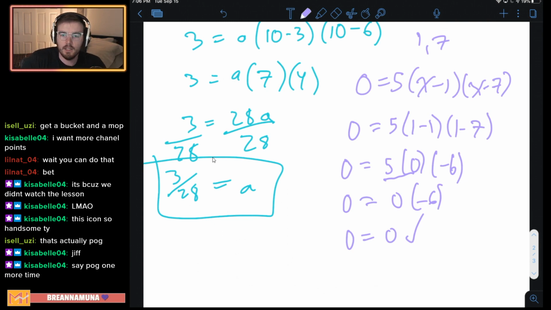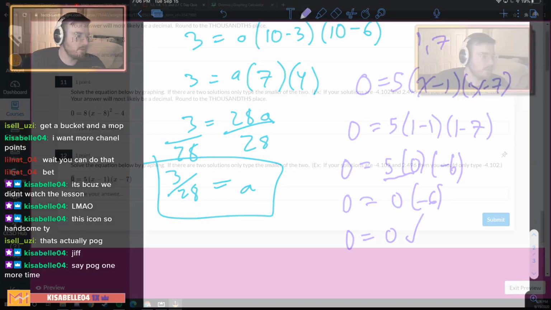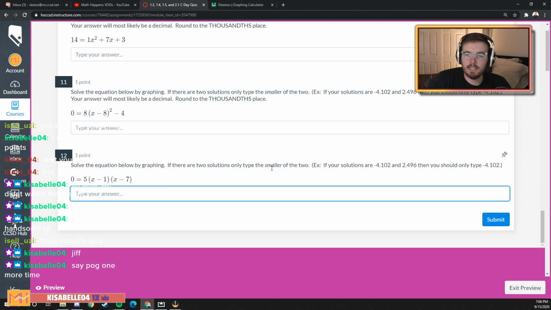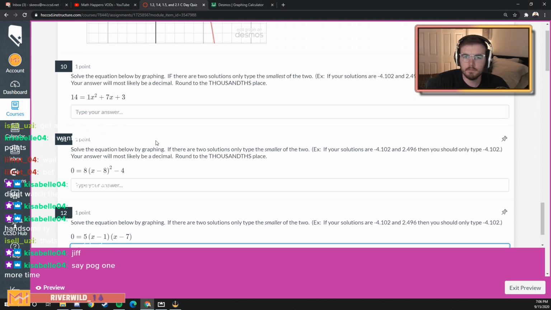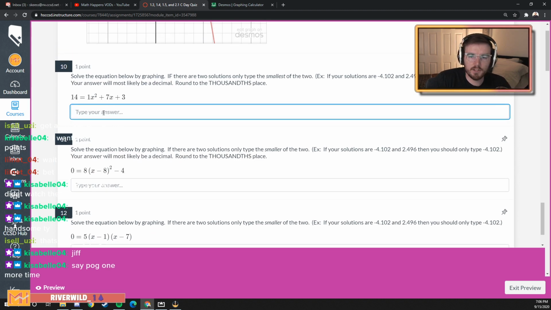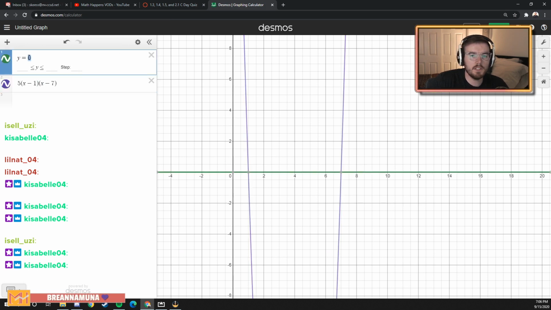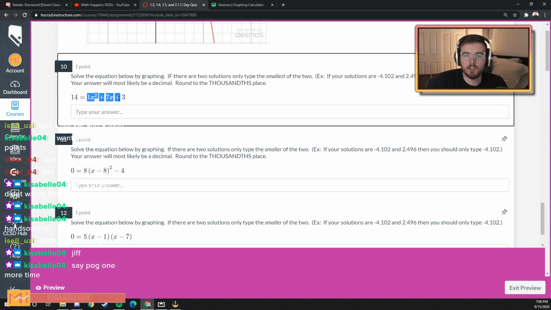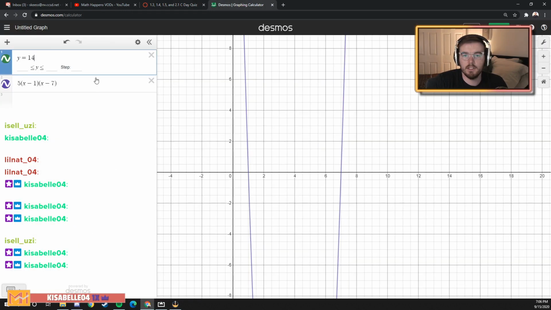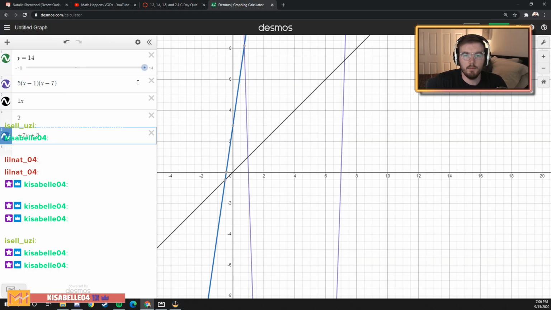Okay? So, switching display. It says type the smaller of the two. 1 is smaller than 7. Let's look at this one. Solve the equation by graphing. So I've got y equals 14. And I've got 1x squared plus 7x plus 3. It's going to do the stupid thing again. But that's okay.